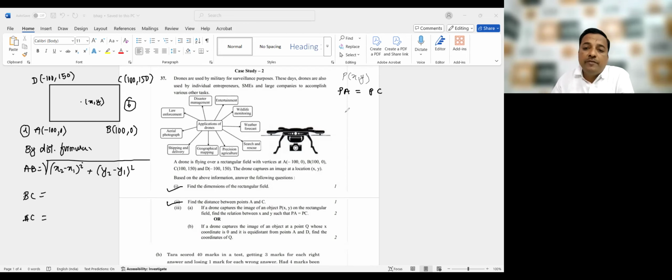First, you have to find the distance PA. PA is equal to the square root of (x2 minus x1) whole square plus (y2 minus y1) whole square. Now for A, we take its coordinates as x2, so that is minus 100 minus x whole square, with P's x coordinate. And y2 is 0, so 0 minus y whole square.